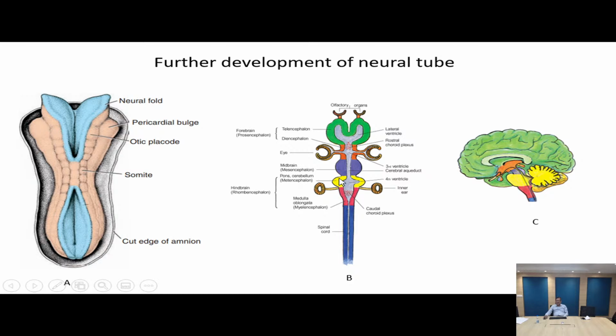So you can see this yellow color, it is coded over here, and it has given rise to the pons, and it has given rise to the cerebellum. This is the metencephalon, and this is the myelencephalon, and it has given rise to the medulla oblongata.